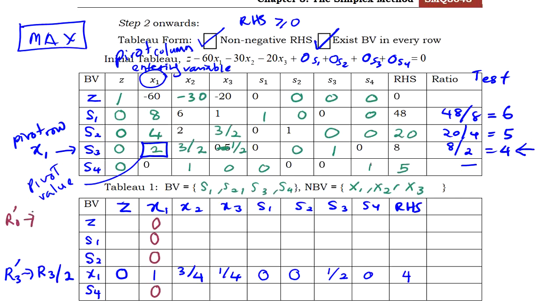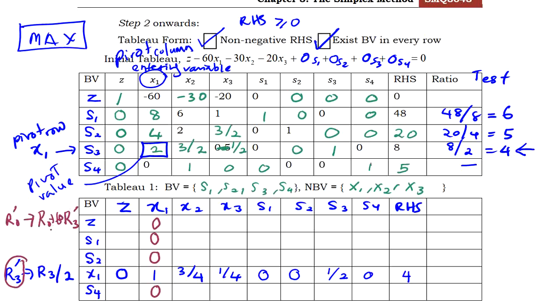So R0 new, we refer back to R0, and also the row that we wrote here, which is the pivot row from this initial tableau, so we always refer to R3 new, which is 1. Because it's negative 60 here, therefore here we put plus 60, and then we use this formula for this row 0.